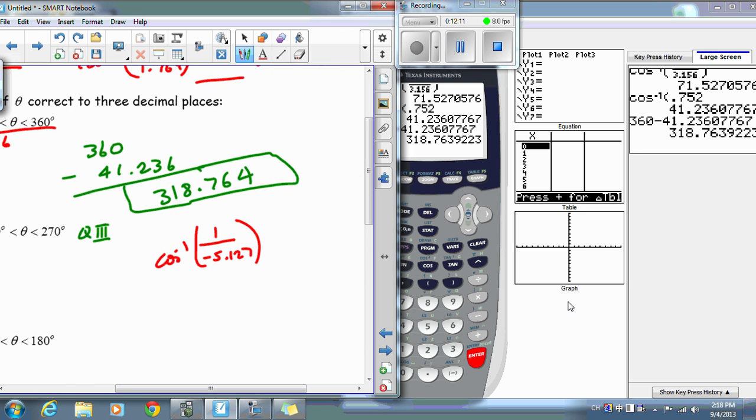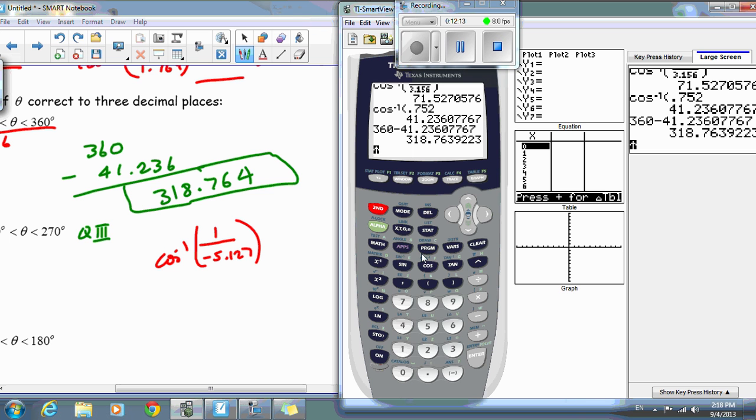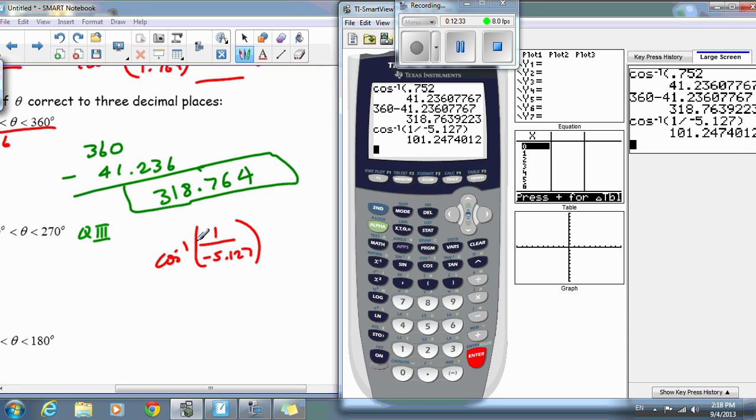This is what I want you to type on the calculator. That's cosine inverse of 1 over negative 5.127, and the answer is 101.24.